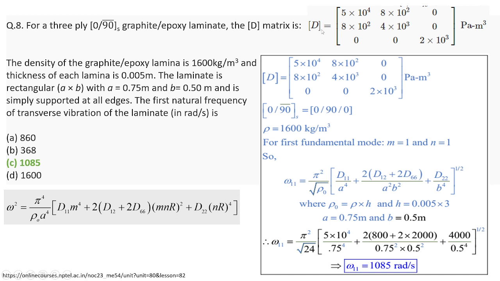We already have the D matrix, from which we can get D11, D12, D66 and D22. We put the values here. Density is also given for the graphite epoxy lamina. We can find the first natural frequency of the transverse vibration of the laminate from this equation. Then we put all the values here. So this is a very simple numerical.